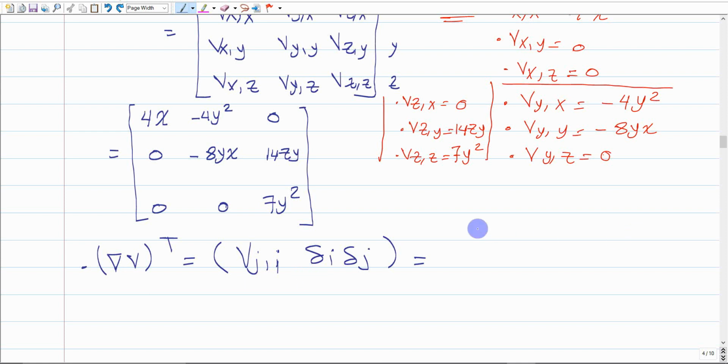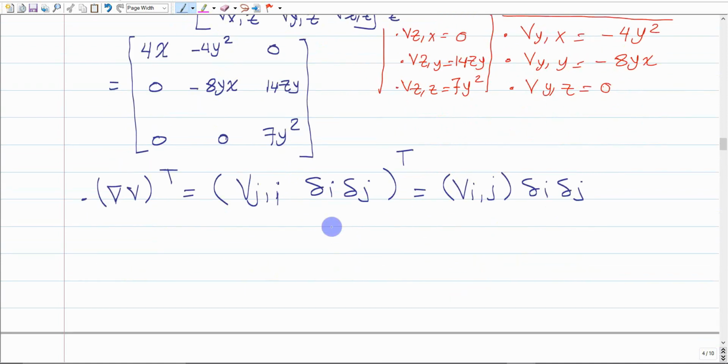So what does it mean? It means that this is the original tensor, and we are interested in its transpose. The transpose gives us vi comma j, and we just keep delta i delta j as it is. This gives us the tensor, which is simply switching the columns and rows positions.